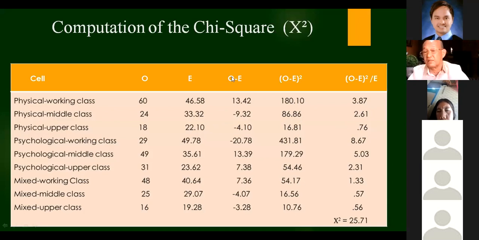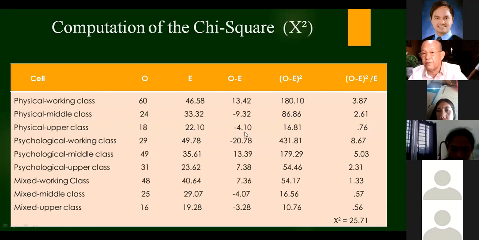Subukan pa rin natin. Together, kindly get your calculator. 18 minus 22.10 is negative 4.1. Square it. Times negative 4.1 is 16.81.